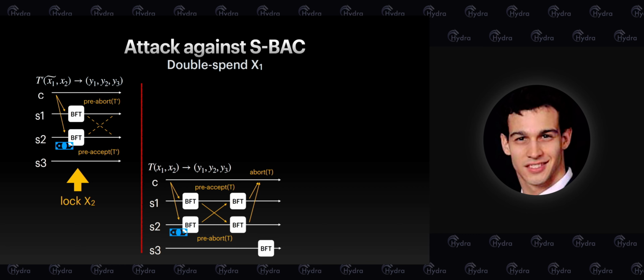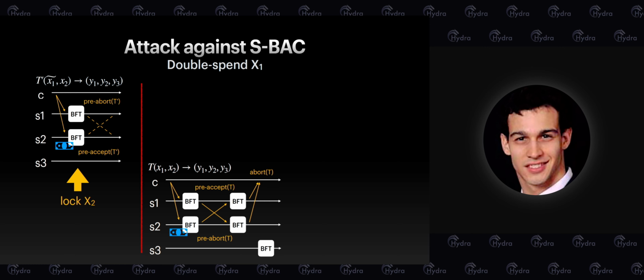However, what happens is that now there is a race condition where the attacker sends transaction T to the system. So imagine that T prime's execution is temporarily stopped, as the picture shows, and transaction T is racing and coming in. So what happens? Transaction T hits shard 1.